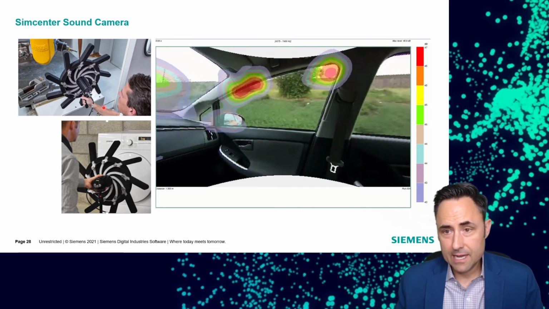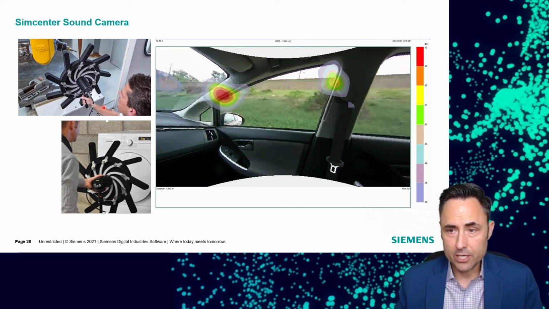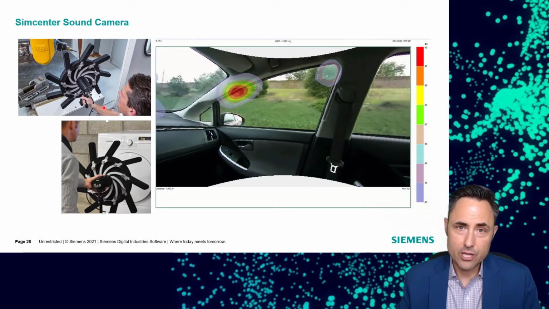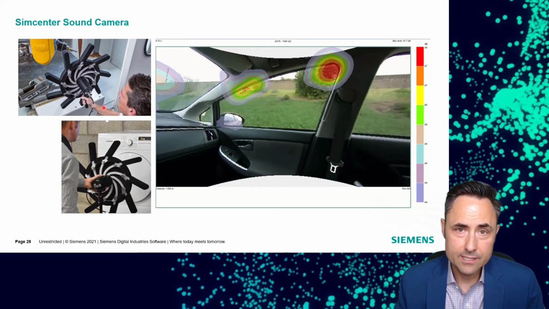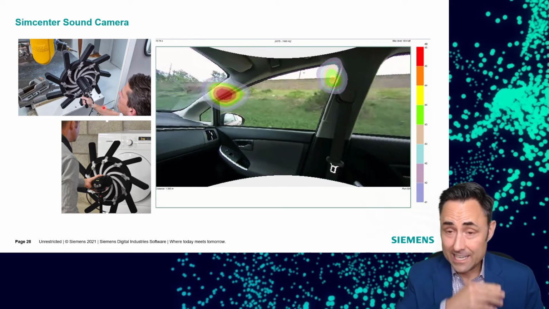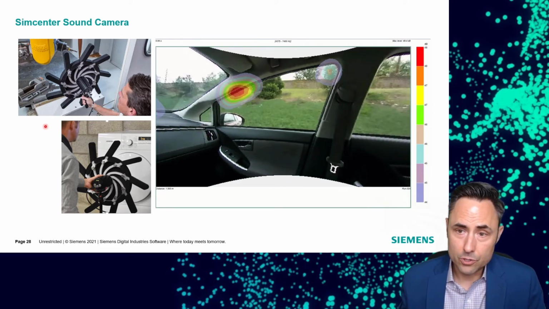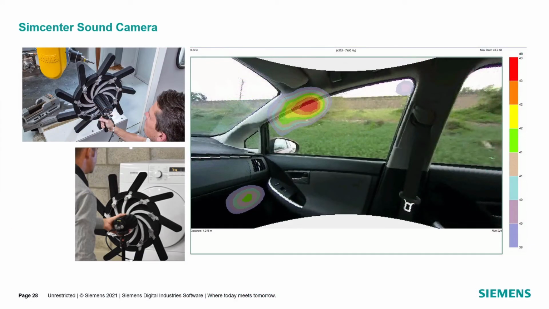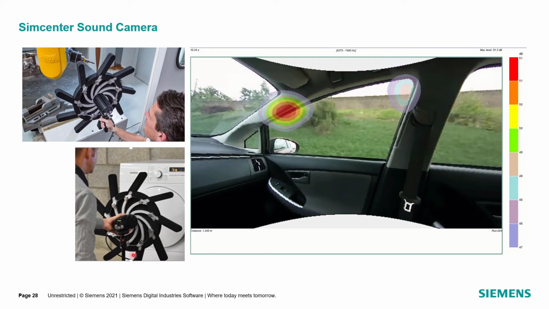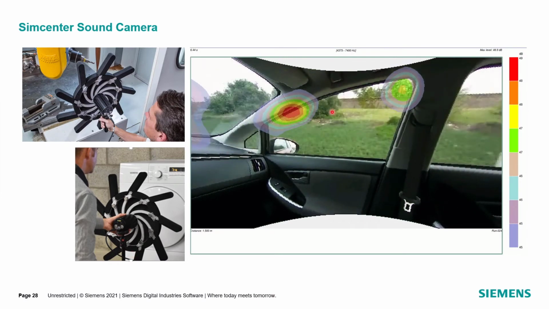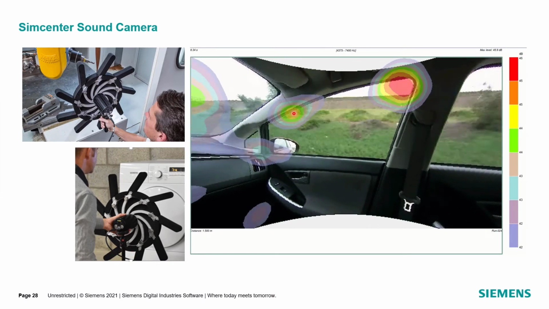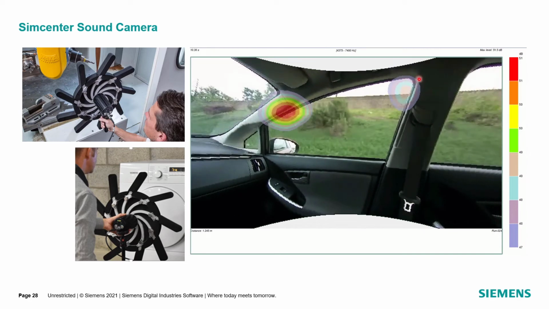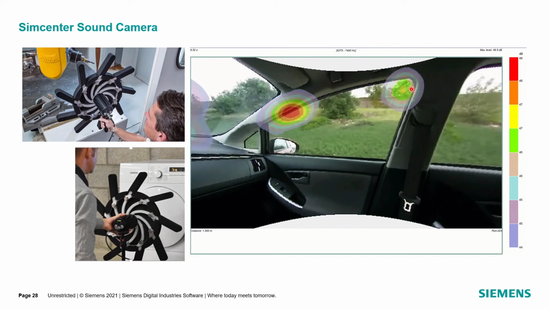So the nice thing about the Sound Camera is it's truly point and shoot. You see this is a video of a wind seal test that's obviously on road in a vehicle, and we're assessing in real time where the leaks are in our automotive door seal. You can see there's obviously a problem here in the A pillar, maybe back here where the B pillar comes in.